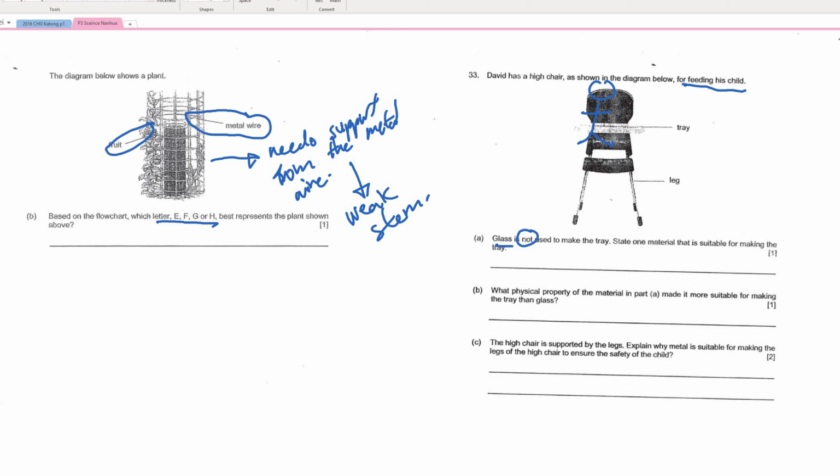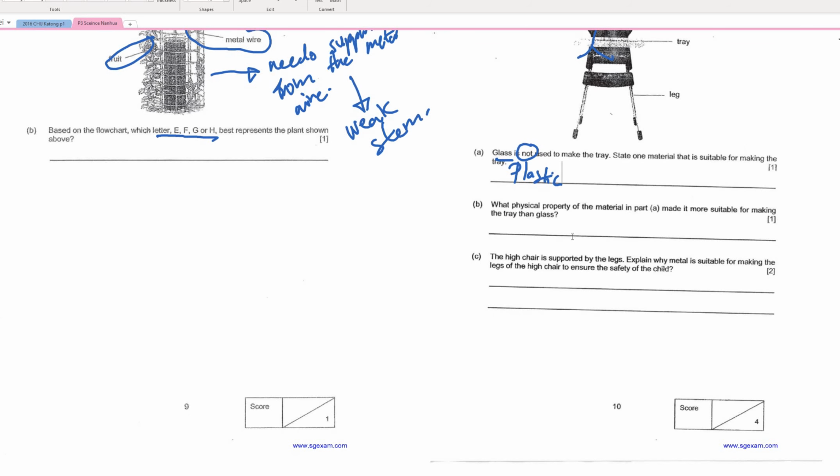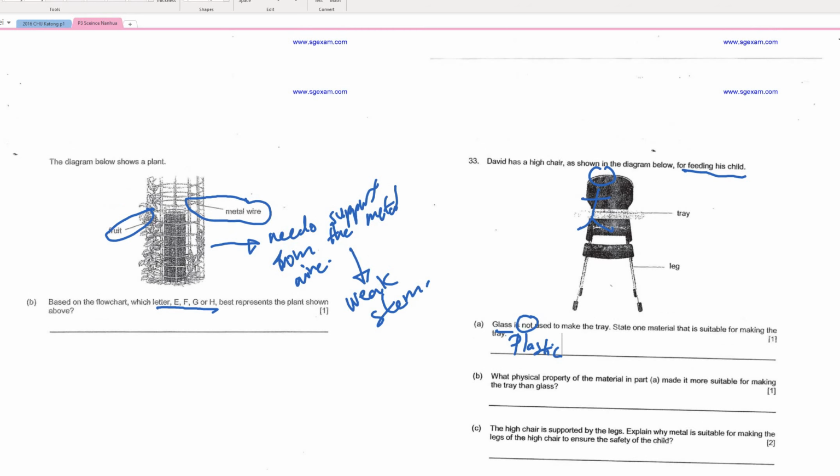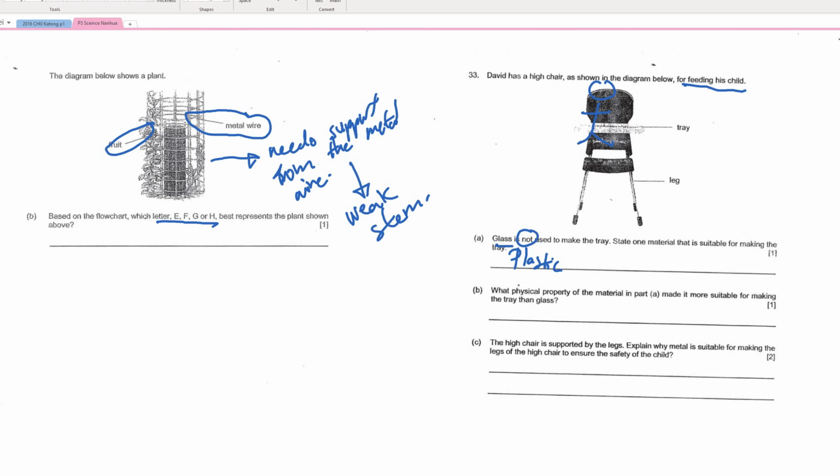We must use something that is safe and does not break easily. So one good material will be plastic. Okay, plastic is very durable and it does not break easily. Let's take a look at question B. What physical property of the material in part A made it more suitable for making the tray than glass?